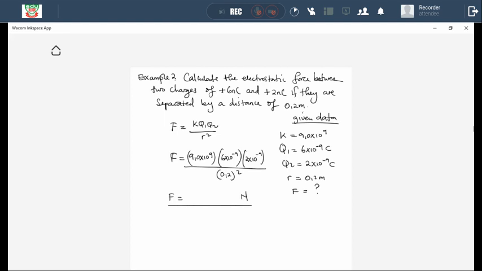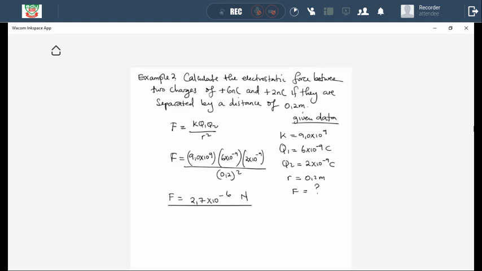I've got 2 times 10 to the power negative 9. I close, then I open. I've got 0.2. I close and it's squared, and then everything gives me 2,7 times 10 to the power minus 6 newtons.